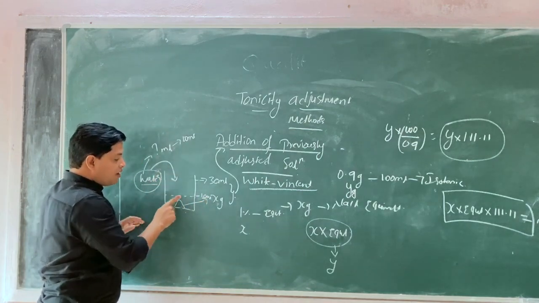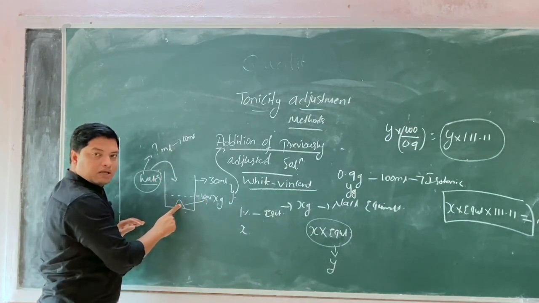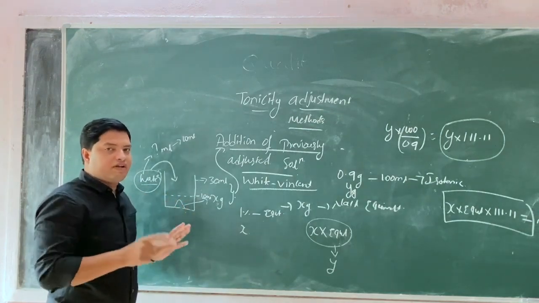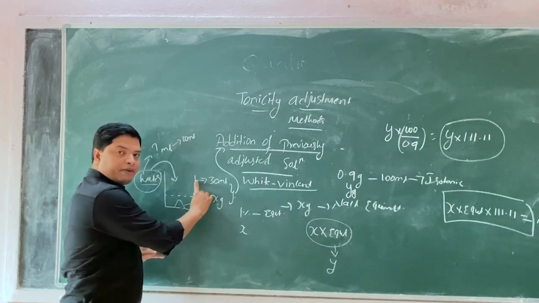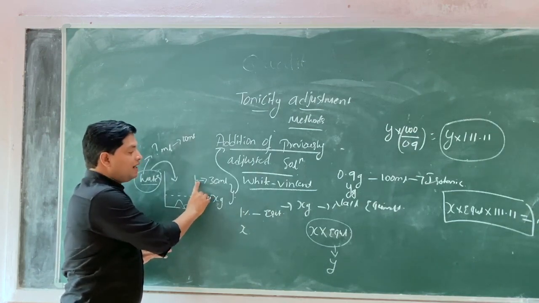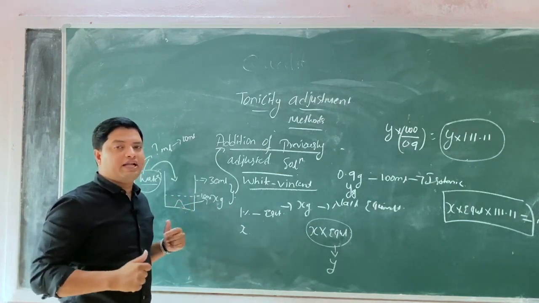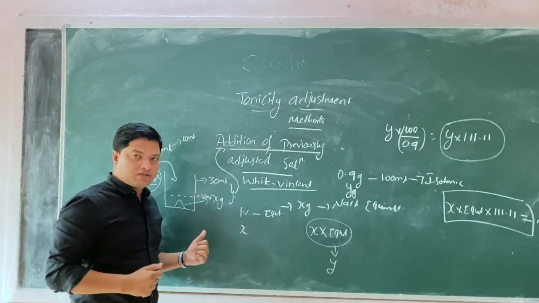If you add 10 ml of water to this drug, it will become isotonic by itself without addition of NaCl. For the rest, whatever the preparation is asking, you need to add the previously adjusted isotonic solution. Question: why are we adding previously adjusted isotonic solution?